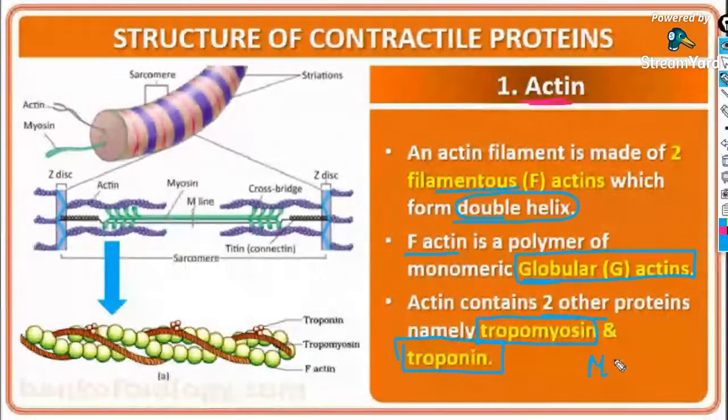NEET 2022 students, those who are hearing this for the first time, take down all these things. Each statement is very important. Actin is mainly composed of F actin, tropomyosin and troponin.